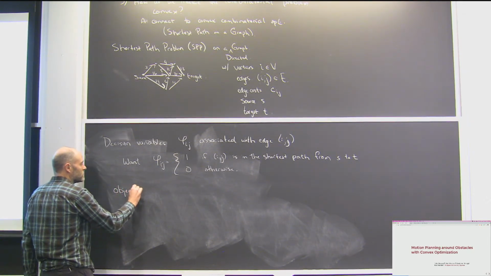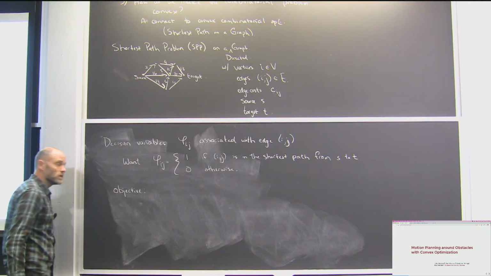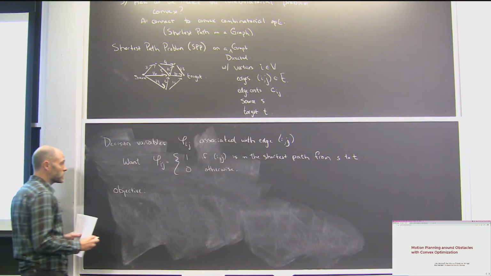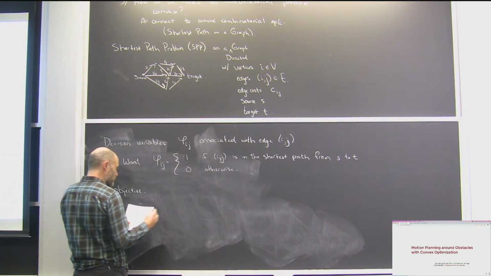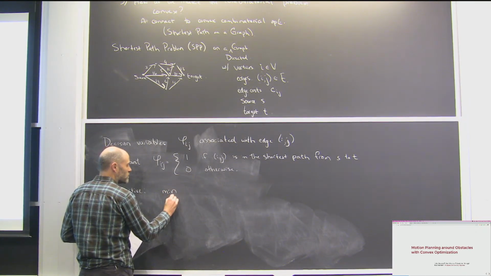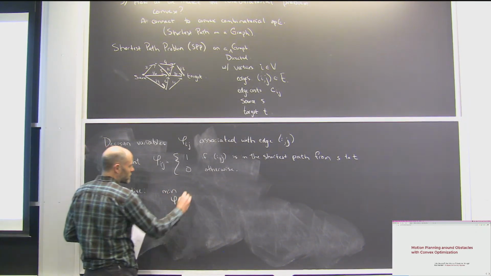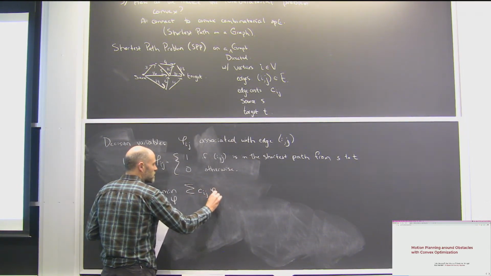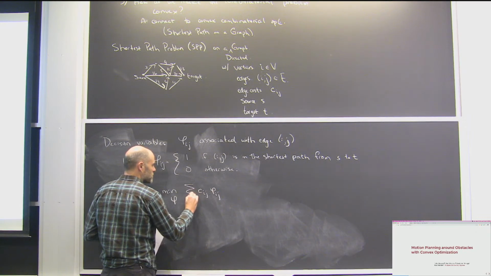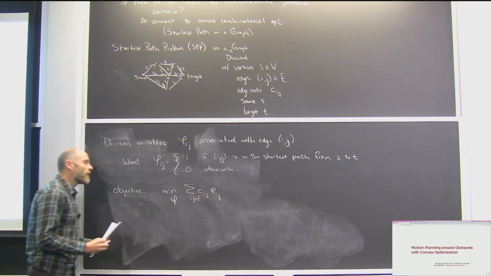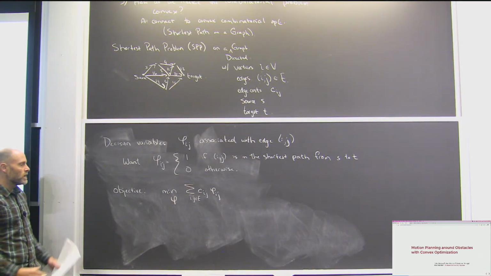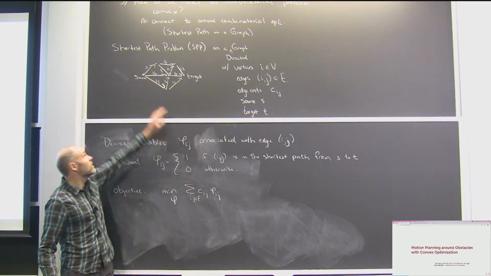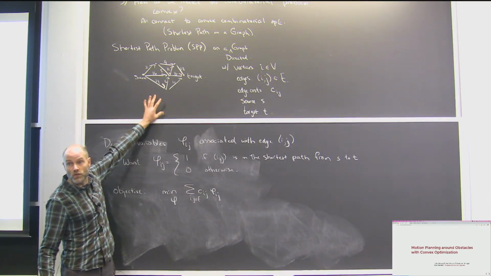Okay, now the objective, given that goal, it could be easy to understand. I can just say, if I want to minimize over all my decision variables, the sum of C_ij times phi_ij, and this is just the sum of all the edges that are in the shortest path, right?